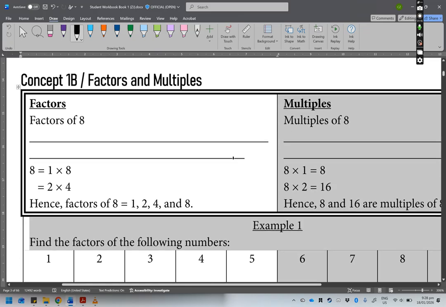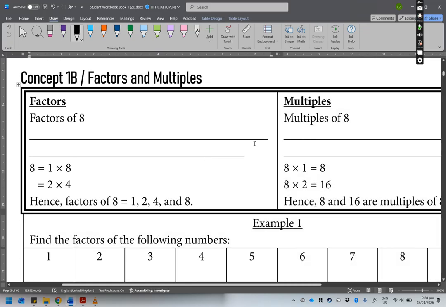Then concept 1b, we recap what exactly are factors of 8. So 8 can be divisible by 1, 2, 4, and 8. So what exactly is divisible?